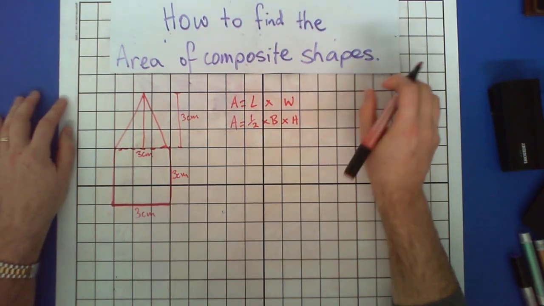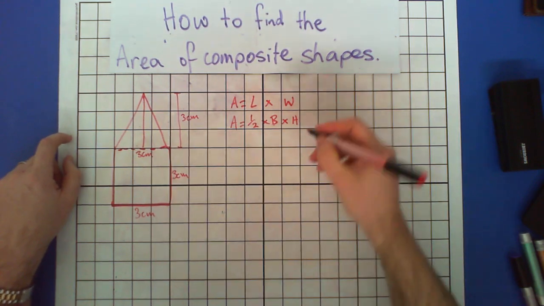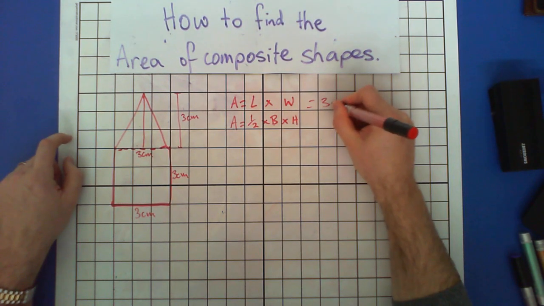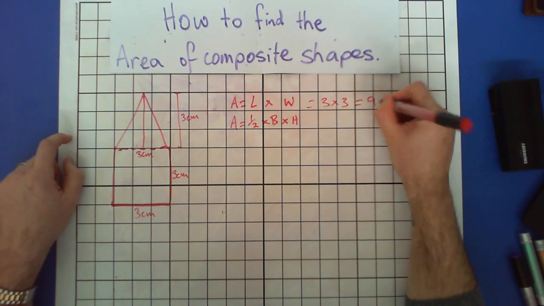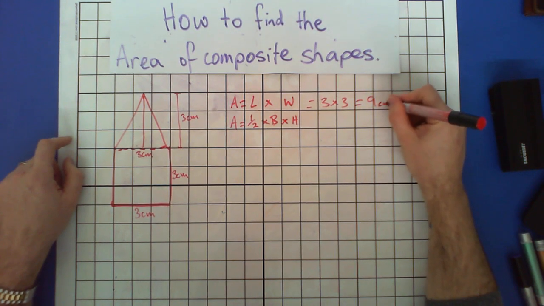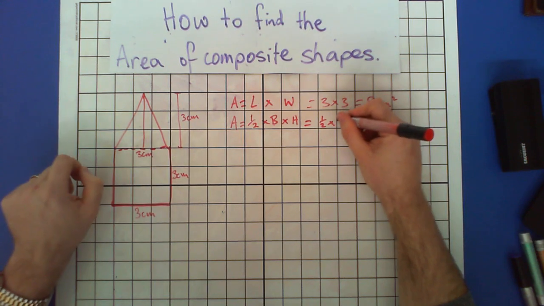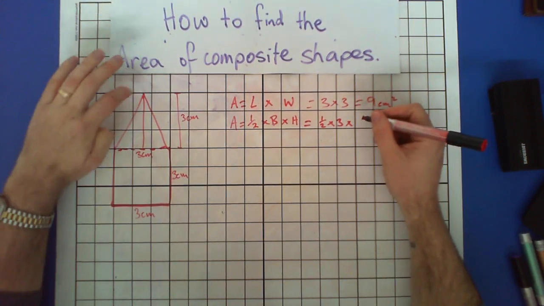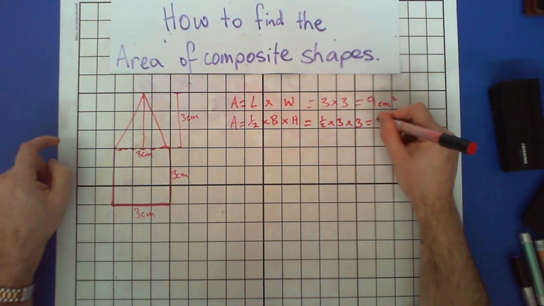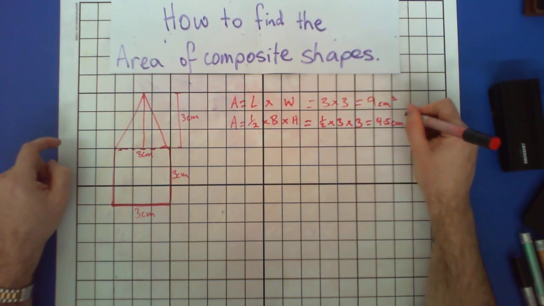We can do our length times our width for our rectangle, so that is 3 times 3, which is 9 centimeters squared. And we can do a half times our base, which is 3, times our height, which is also 3, which is going to give us 4.5 centimeters squared.